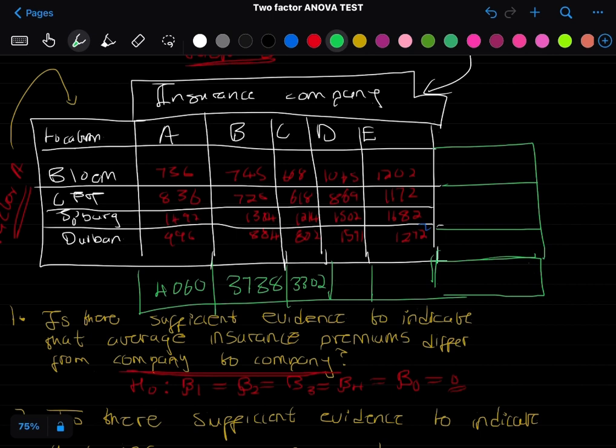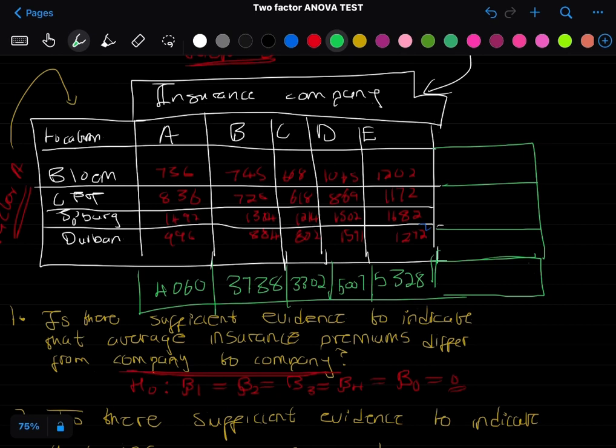Then 1065 plus 869 plus 1502 plus 1571, which will be 5007. And 1202 plus 1172 plus 1682 plus 1272, which is equals to 5328.